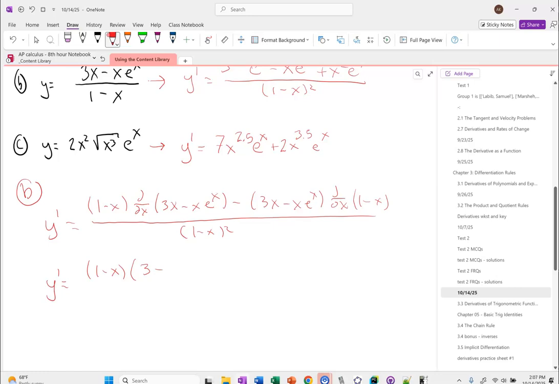Should you expect Mr. Kulik to pull the same sneaky crap on the test? Yes. 100%. I will combine the product and quotient rule, nest them inside of each other in the same problem. I promise you I will do this. Wait, how come this didn't happen on our previous homework? It did. You probably just missed that it happened.